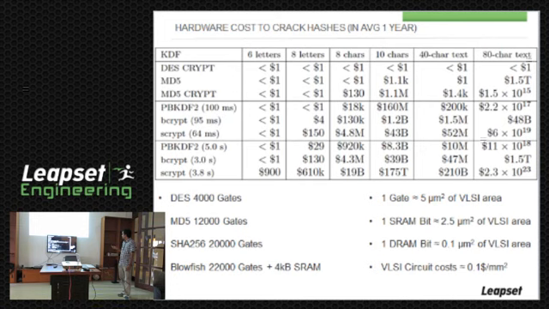Using these statistics, right? These digital circuits consist of logic gates. One gate takes about 5 square micrometers of VLSI area, and VLSI circuit costs $0.1 per square millimeter. Then using these values, they can calculate these.